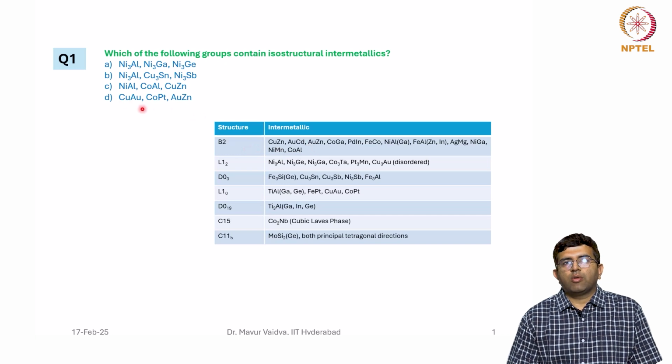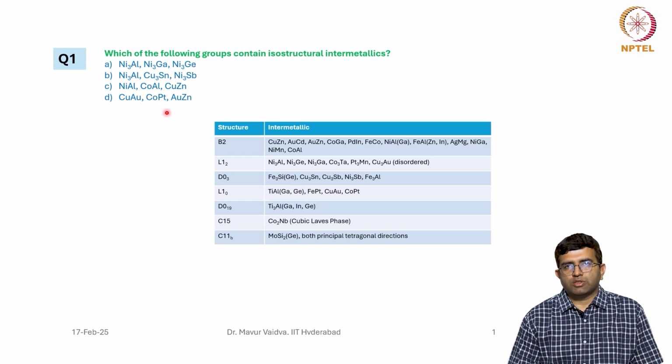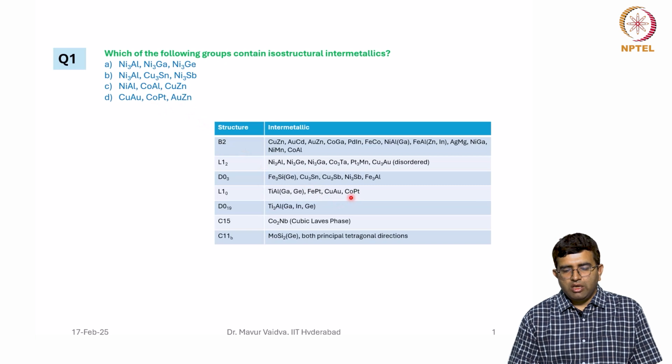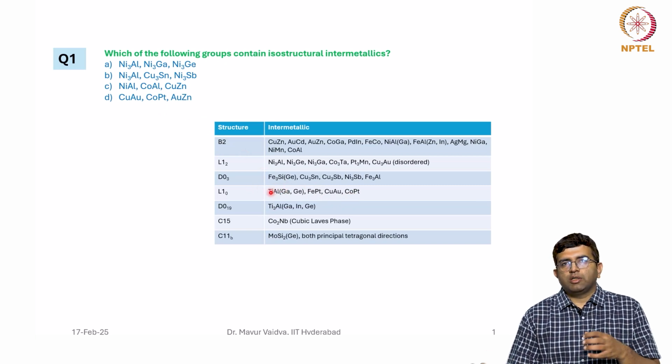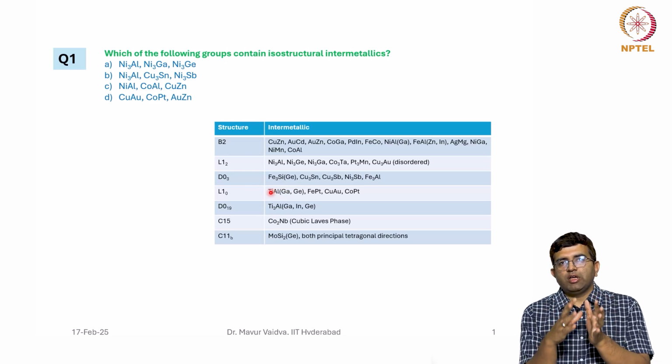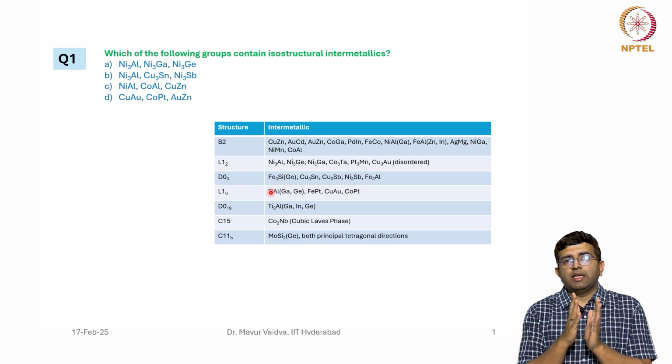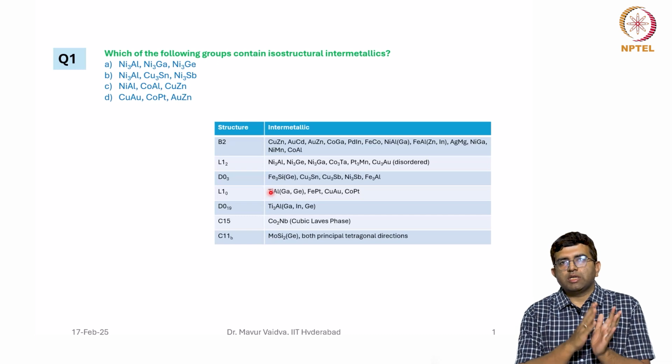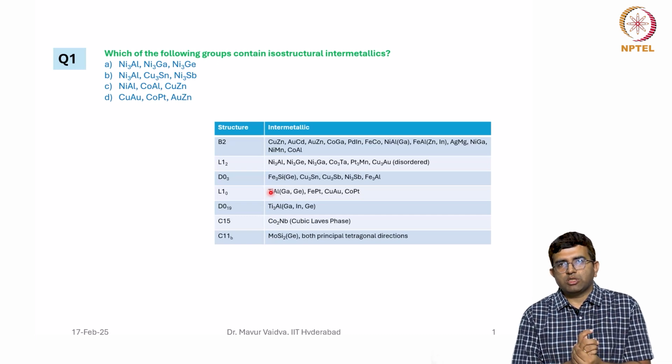But if you compare CuAu, CoPt, AuZn, they are not isostructural, because CoPt has an L10 structure. So I hope you will remember that two intermetallics having the same chemical formula need not be isostructural. It depends upon the elements which are involved.